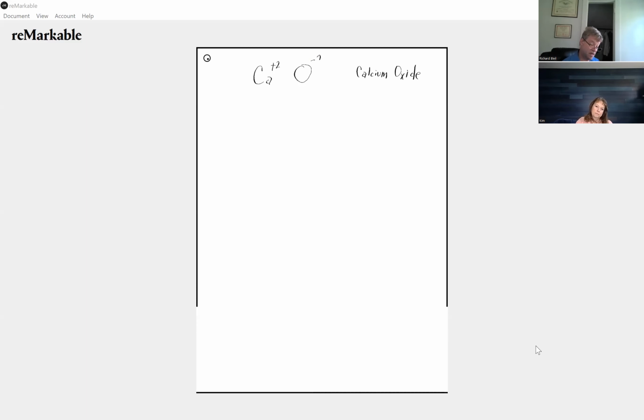Oxygen is the anion. It's named second, and the ending is changed from INE to IDE. So if we do our cross here, of course, we drop the sign when we do the cross. We get Ca2O2.